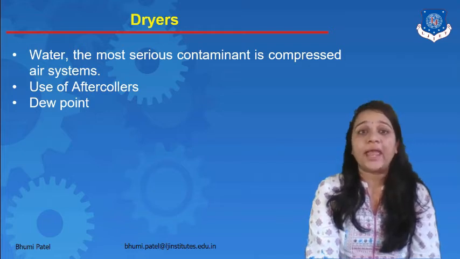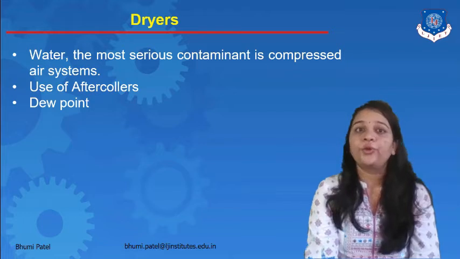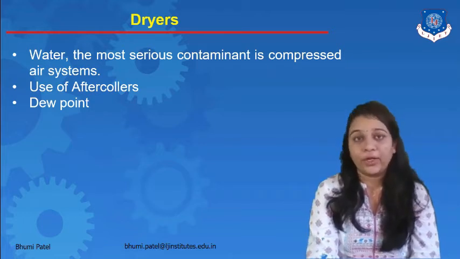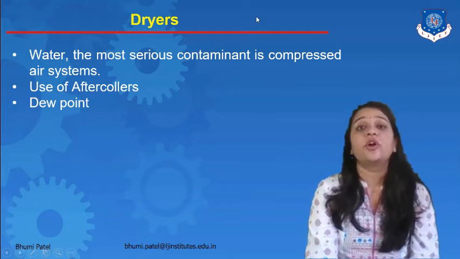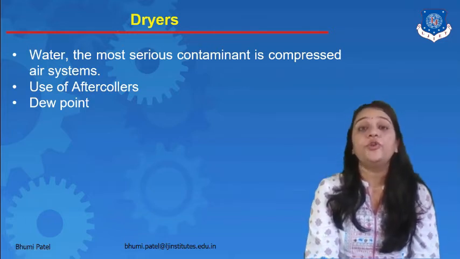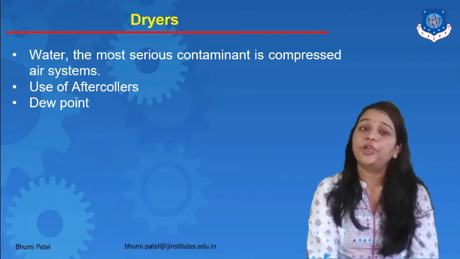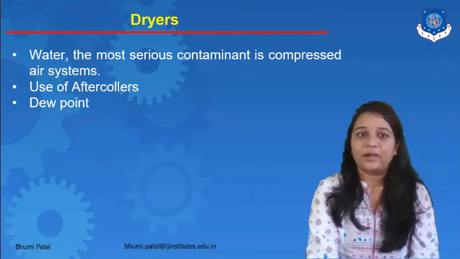Now, whenever the air passes through the aftercooler, its temperature drops below the dew point, resulting in the condensation of 70 to 90% of the water content. The use of the aftercooler is to reduce the load on the dryer.